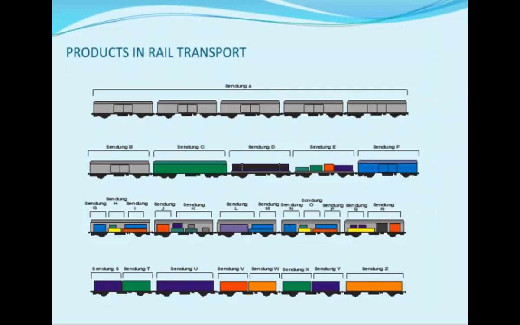This is what goes on in rail transport. The cargoes are not bunched together as we do in road transport. There is no wedging here. No cargo has just been fitted in between the spaces among the cargoes. This is how trains are loaded.